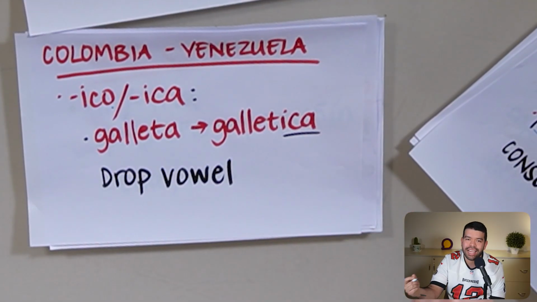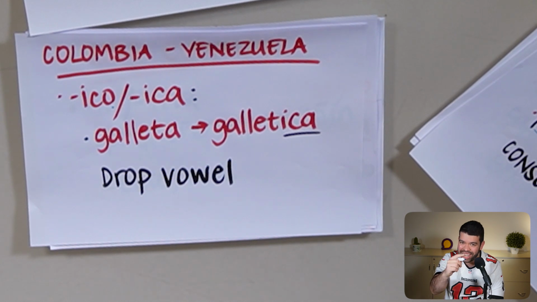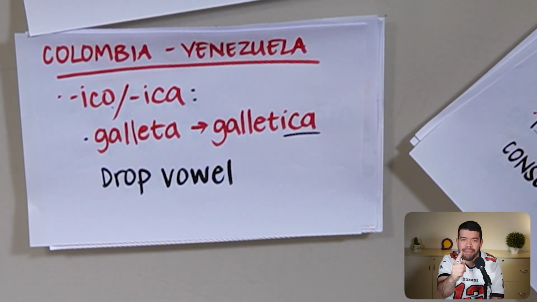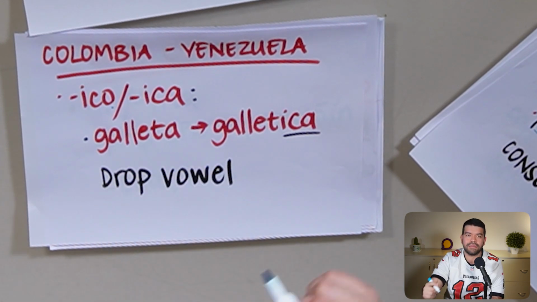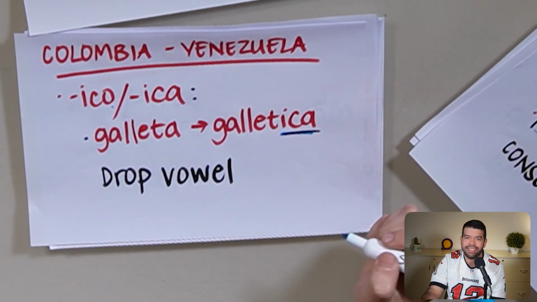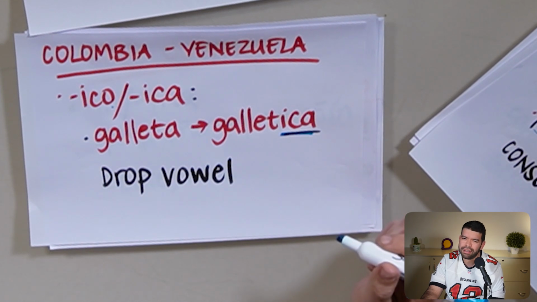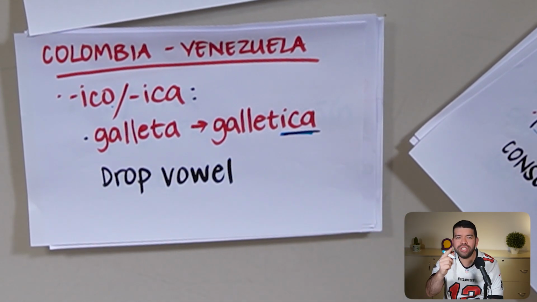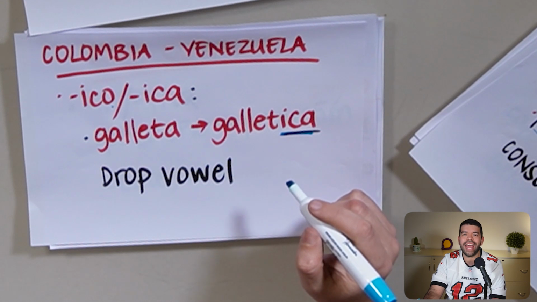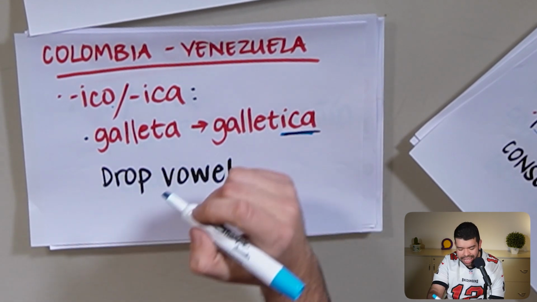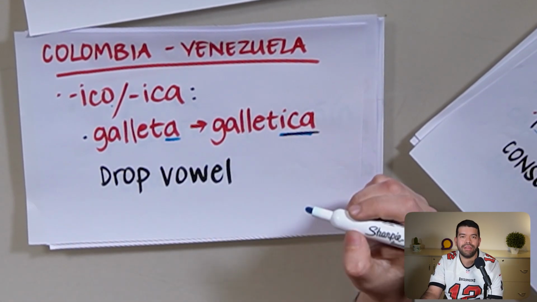Una galletita, right? Correcto, the first one. But in Colombia and Venezuela, you'll probably hear something like this. Una galletica. It's different, see? And again, we just drop the last vowel and add the special ending. Galletica, drop the vowel.